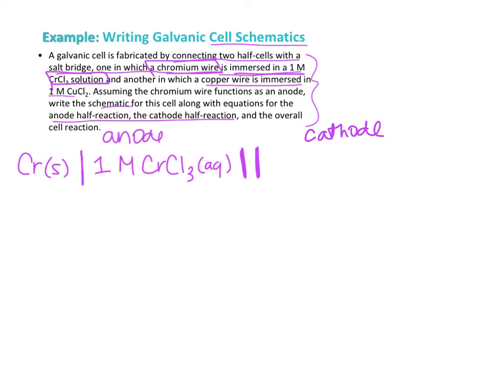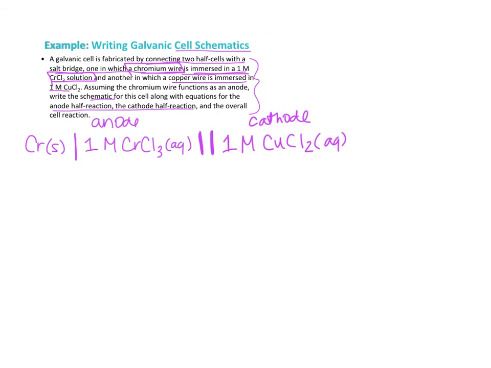So that's why the chromium solid was first. But in this case, it's the opposite. So 1 molar copper chloride, aqueous, and then we separate it with the phase line, and then it's copper solid. So it kind of looks like a mirror. Hopefully you start to notice the pattern if you do a few more of these.